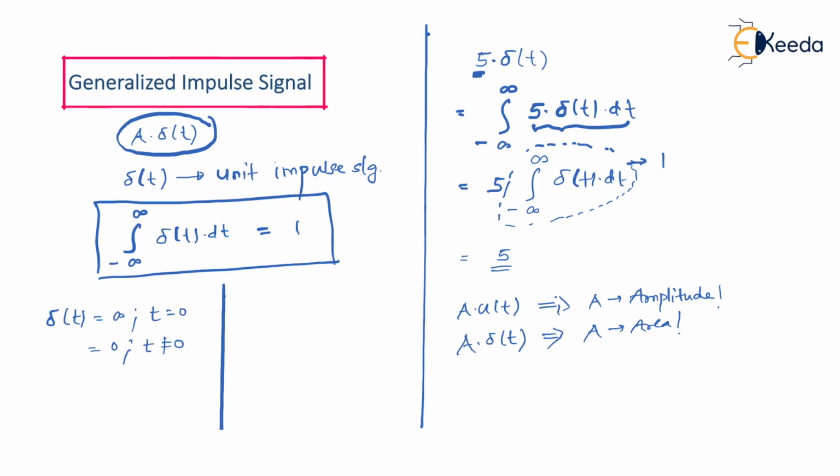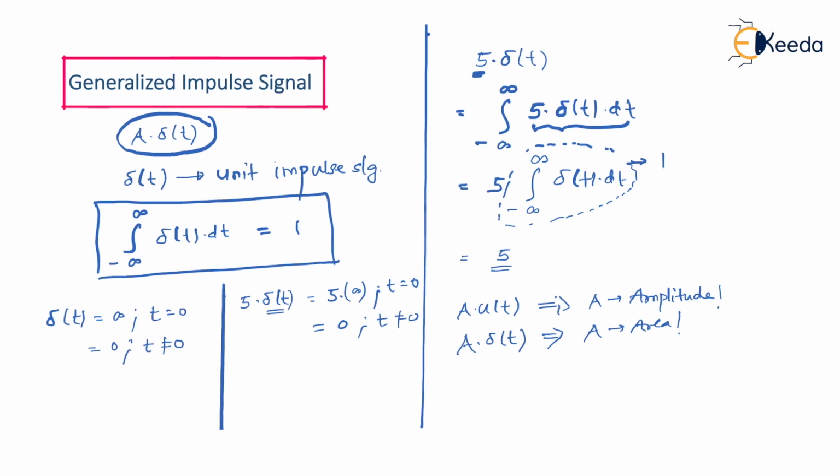Similarly, if I write now 5 times del of t, we know that the original del of t has an amplitude equal to infinity, which is now getting multiplied with 5. So I can write 5 times infinity at t equal to 0, and it is equal to 0 for t not equal to 0.